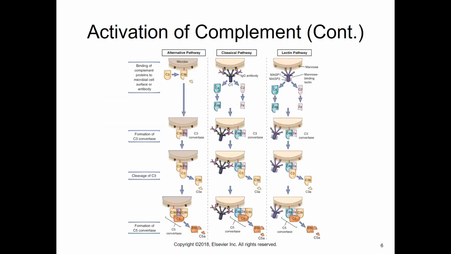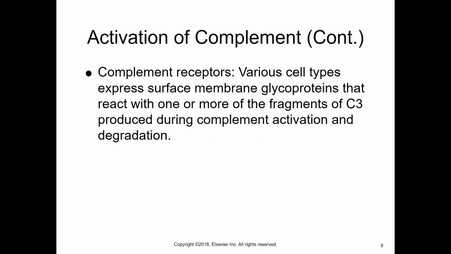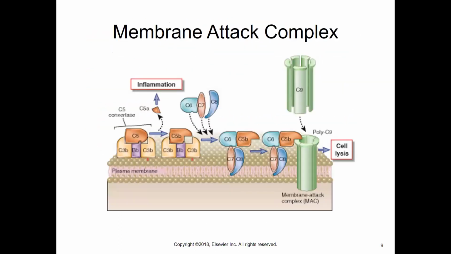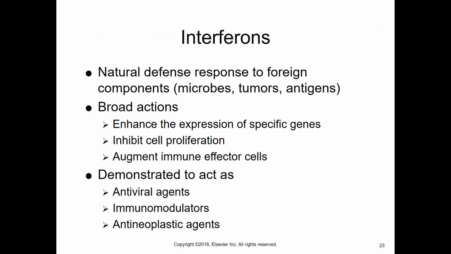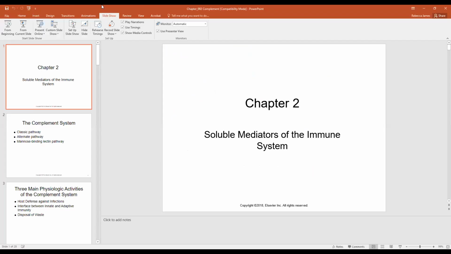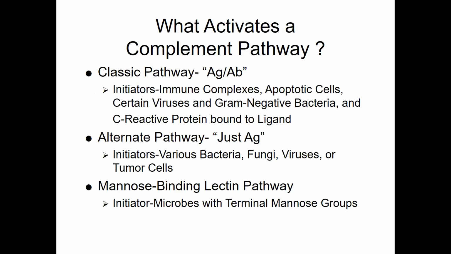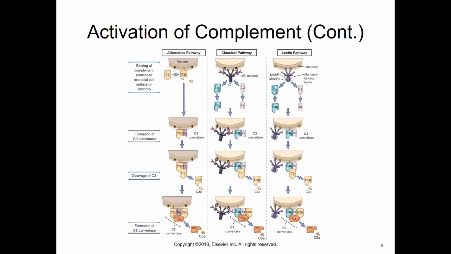So what that means is, I don't really have a picture, but what that means is no matter how it started, whether it's the alternative pathway, the classical pathway, or the lectin pathway, they all meet and converge at C3 to C3b.